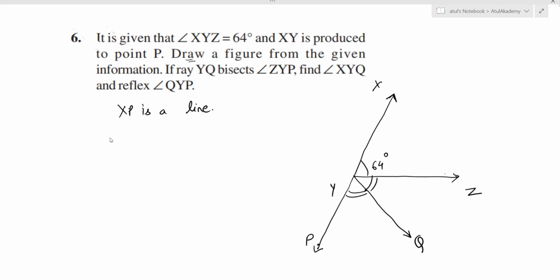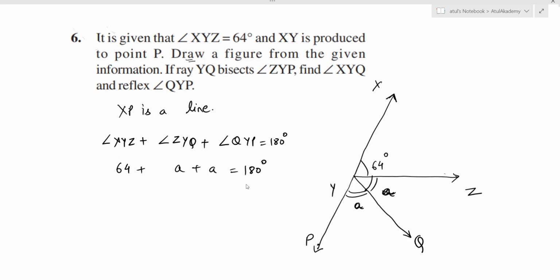Yes, so angle XYZ plus angle ZYQ plus angle QYP is 180 degrees. Let's assume these are, not X because X is already there, A. Both are A. So XYZ is 64 plus A plus A is 180 degrees. Why A and A?